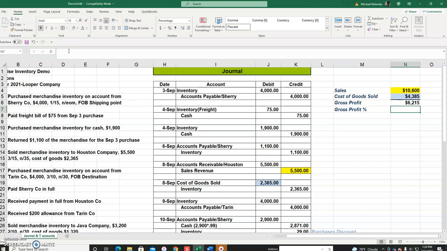That's before any other expenses like advertising, depreciation, anything like that. So in order for us to get a gross profit percentage, which tells us of every dollar in sales what we get to keep before expenses, we're going to take our gross profit and divide that by the sales. And it's going to give us 59%. So we get to keep 59 cents out of every dollar to put toward our expenses. Again, not a perfect calculation, but it gives us an idea.